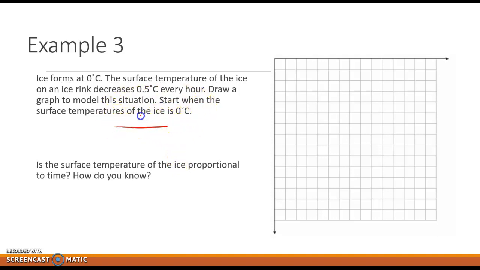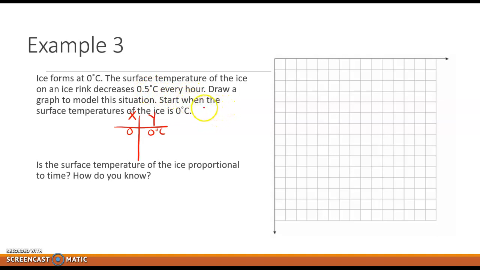So, draw ourselves a table, X and Y. And at 0 minutes, we're at 0 degrees Celsius. And it says decreases every hour, right?